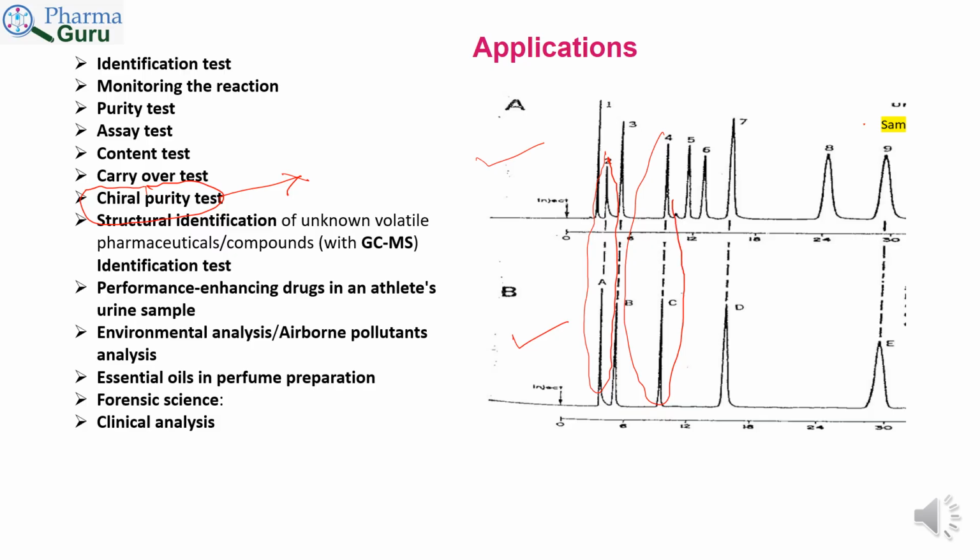Suppose impurity C is matching with peak 4 in the standard, then impurity C will be 4. Similarly, impurity D is matching with peak 7, then impurity D will be 7. Suppose impurity E is matching with peak number 53, then impurity E will be 53, like that.